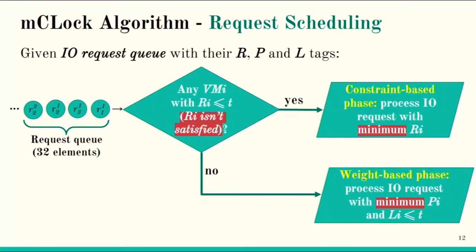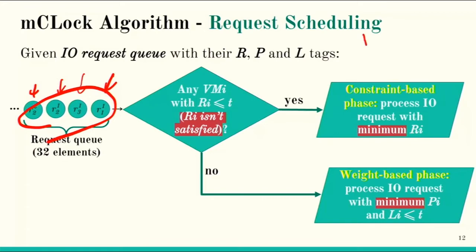For example, we have this queue of requests: request 1 from VM1, request 1 from VM3, request 1 from VM2, request 2 from VM2. First, is there any VM i with the reservation still lower than the current time? It means that for that VM i, the reservation value is not satisfied yet.